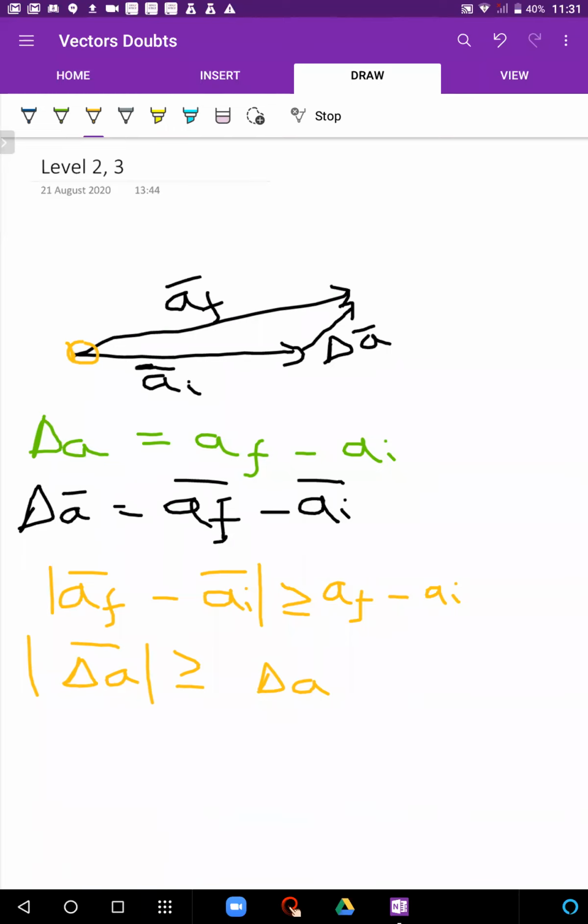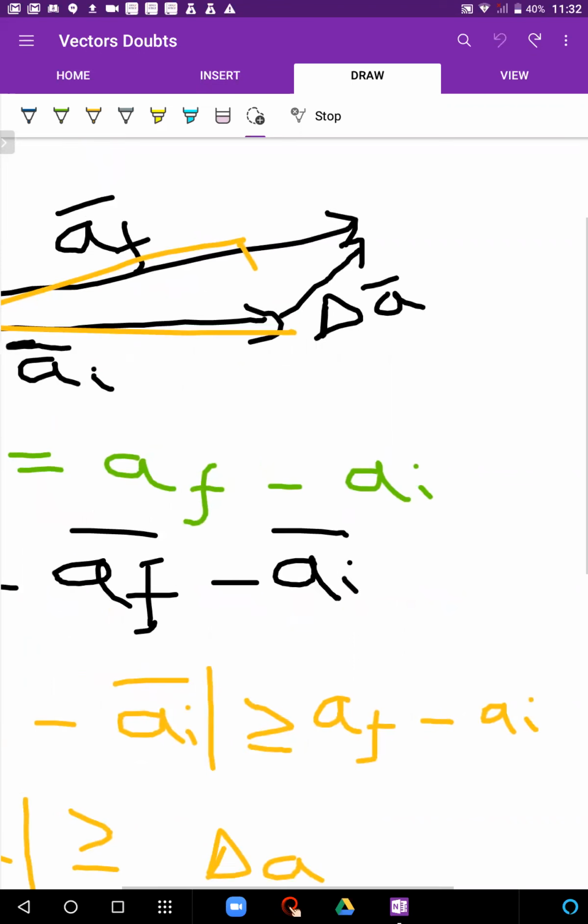A initial को center मान के ऐसा घुमाओ, तो एक तो वेक्टर घुमाने के कारण A final ऐसा दिखेगा, उसके बाद A final का मैग्नीट्यूड बढ़ाने के कारण फाइनल वेक्टर ऐसा दिखेगा. ठीक है, तो अगर मैं A initial को घुमाऊंगा तो you can clearly see कि this length is same as this length. Therefore this is my extra length. This is delta A.